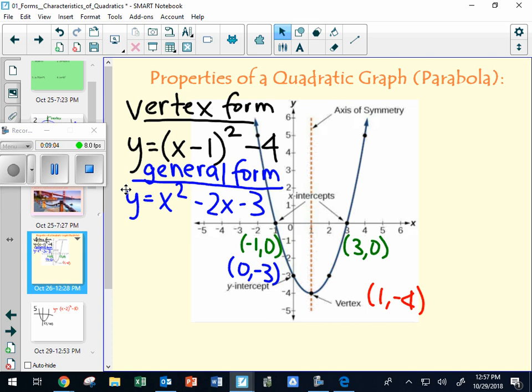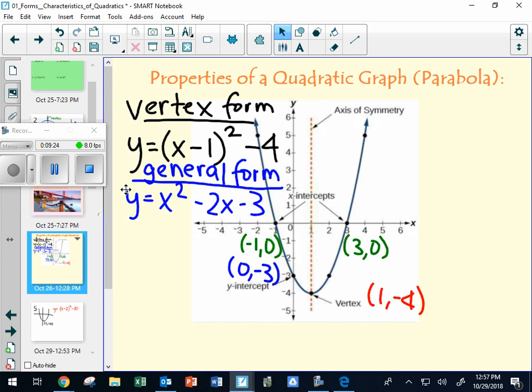If you're not 100% sure, it's okay. All the way in the back, what do you think? The y-intercept. Exactly.